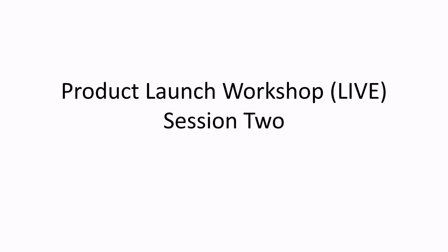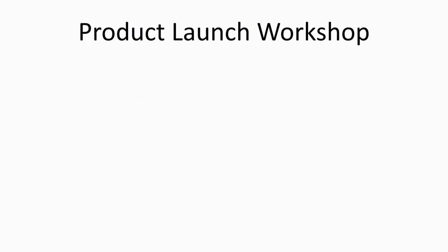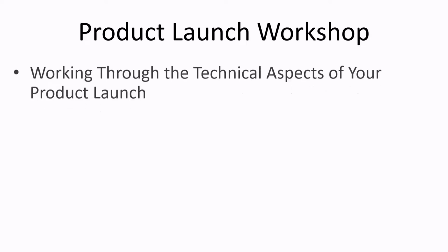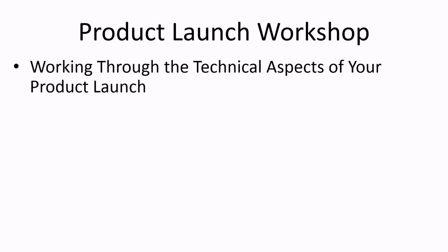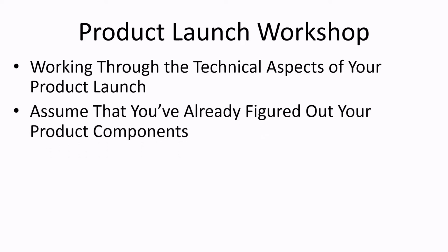Okay, so this is Product Launch Workshop Session 2. This is the live workshop, and what we're going to talk about is a continuation of what we talked about last week. We're going to be working through the technical aspects of your product launch. Of course, we assume that you've already figured out what your product components are.